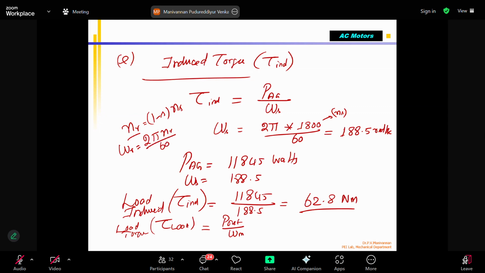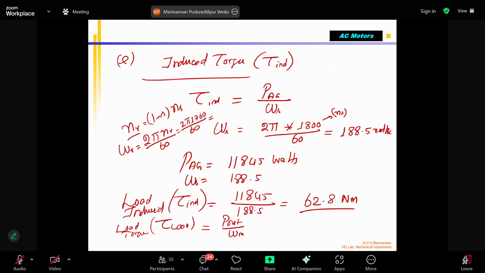NR already we have computed, correct? NR, I think we computed, what is the NR value? It is 1760, correct? So that means 2 pi into 1760 divided by 60.